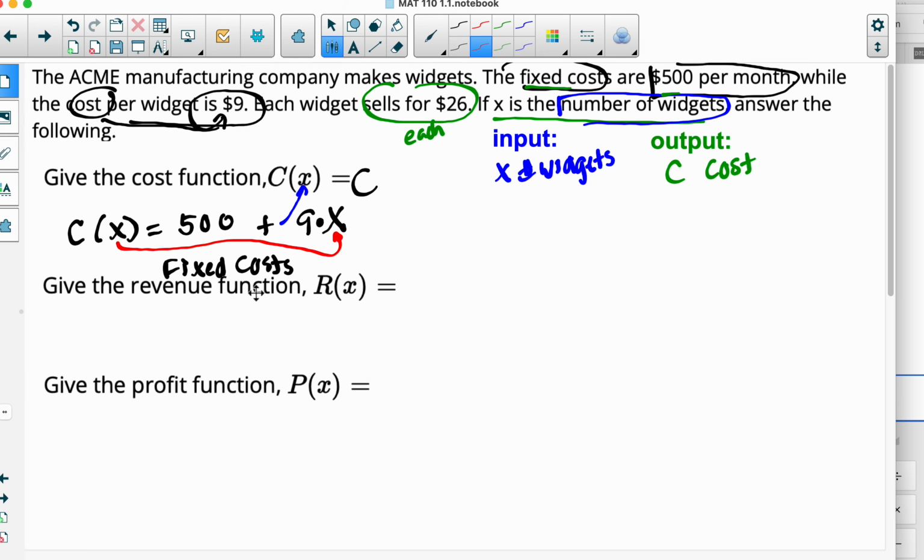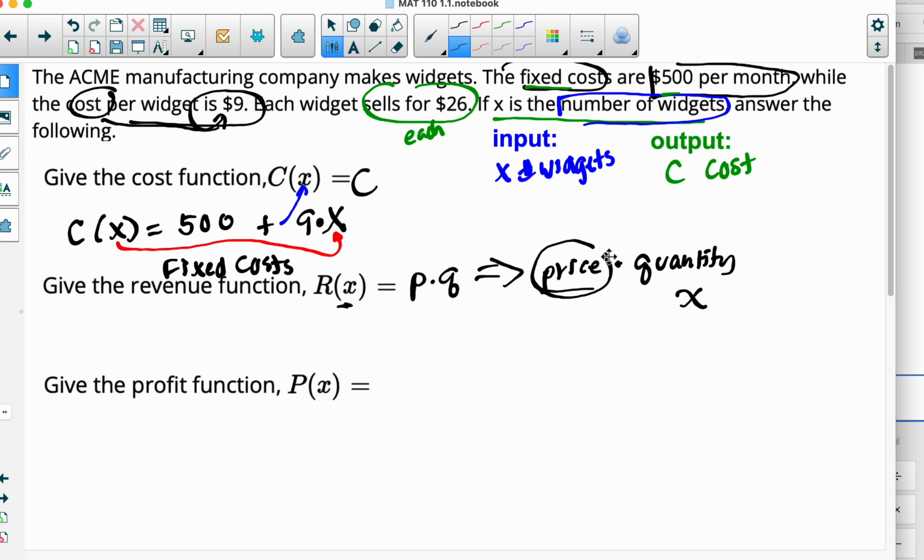All right, good. So now I want to write the revenue function. Revenue is equal to, I like to say, P times Q, which tells me price times quantity. That's what P times Q is. Price times the quantity sold. Well, in this case, X is the quantity sold. And what is my price? What did I price them at?